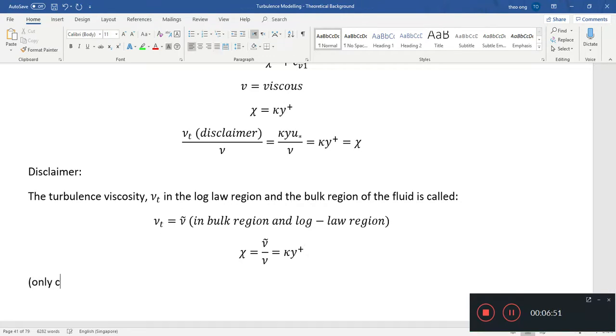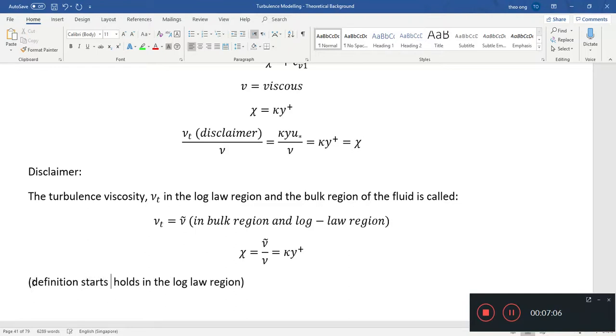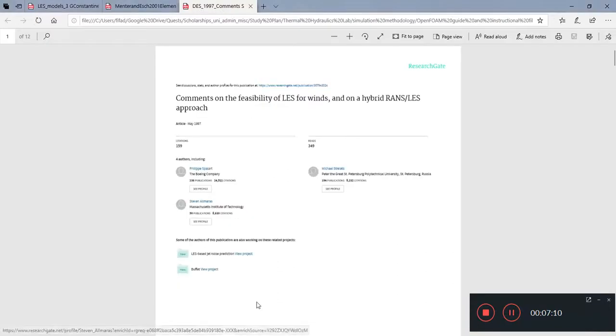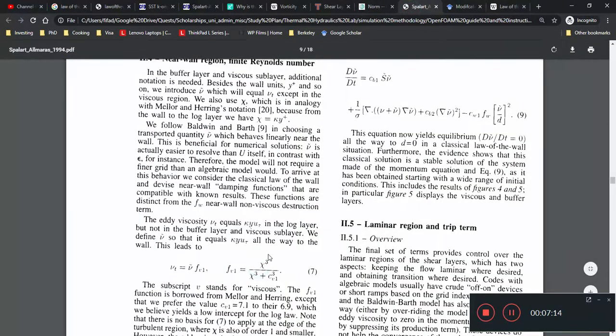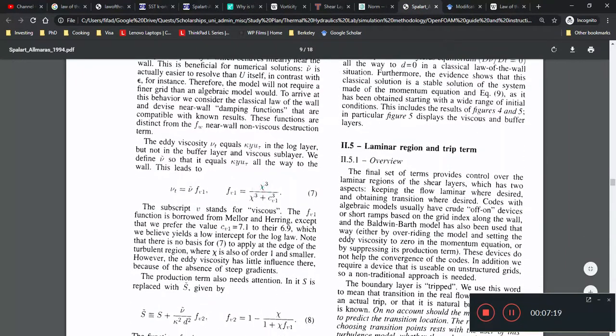That's where your damping function definition starts, in the log law region. So that's how this chi actually comes about.